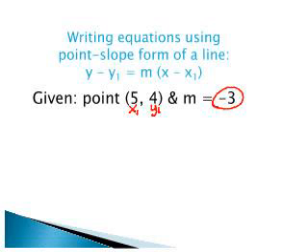Changing colors again so you can see what I plug in, we have y minus the y1, which is the 4, and then equals, we're going to plug in the slope, which is -3, and keep the parentheses, x minus the x1, which is 5.